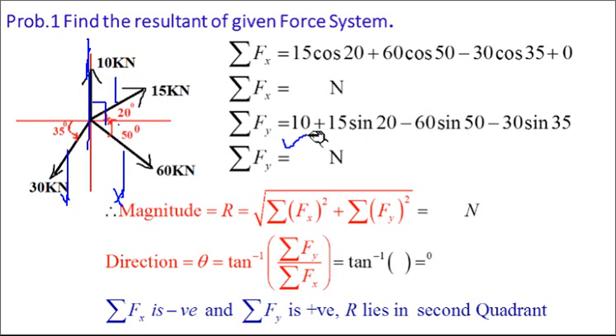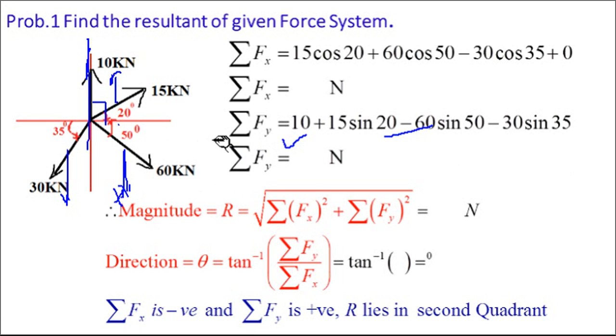So first component 10 sin 90, sin 90 will be 1. That's why I have not written over here sin 90. So it is 10 plus 15, ये y direction क्या होगा, positive, plus 15 sin of 20, minus this will be downward. So minus 60 sin of 50 and this will be downward, minus 30 sin of 35.